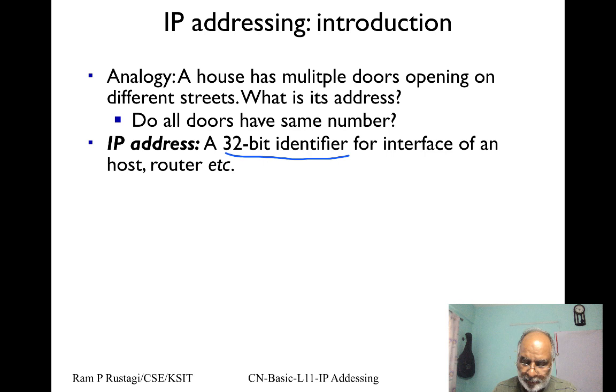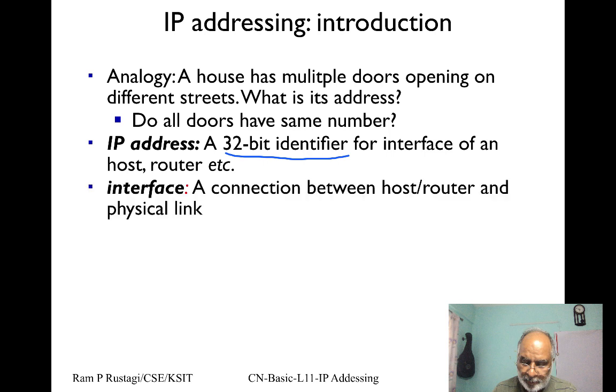Today, most of the time, your phone is connected on Wi-Fi and on a 3G network, two different interfaces, typically two IP addresses. You take your laptop, you connect on Ethernet, Wi-Fi, or Bluetooth. Depending on which interface you connect to, each interface would have its own different IP address.